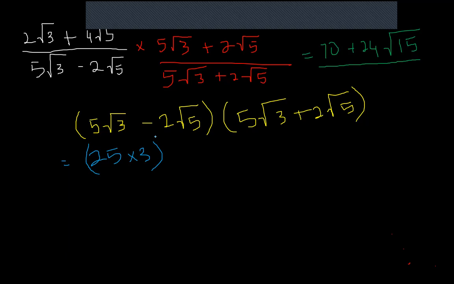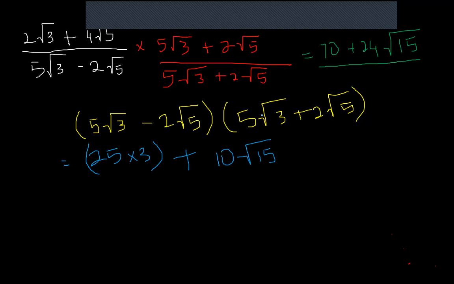I skipped a few steps there. If you don't understand how I got 25 or how I got the 3, please let me know. Instead of doing it step by step, I skipped some steps there, right? So 5 root 3 times 2 root 5 now, that would be plus 10 root 15.